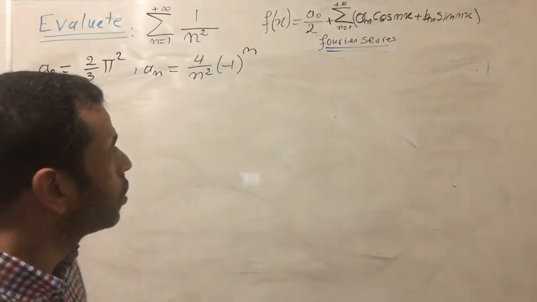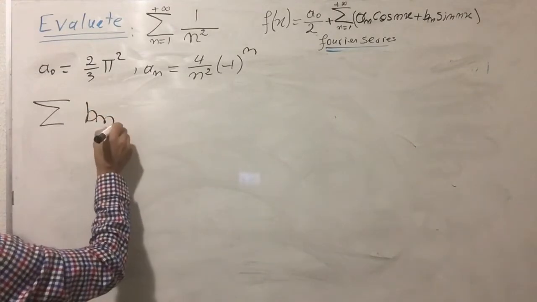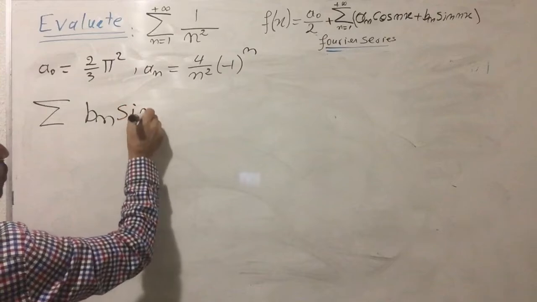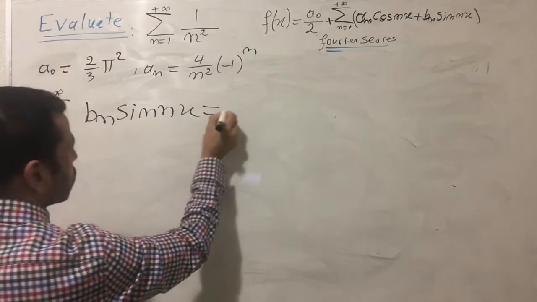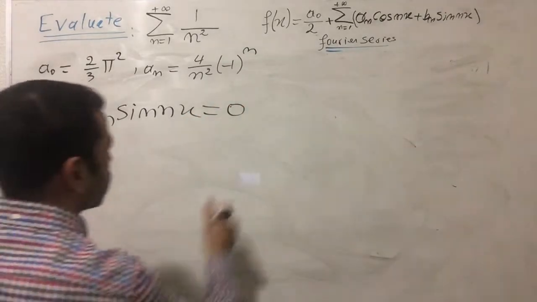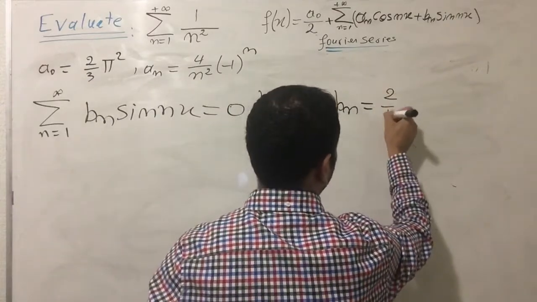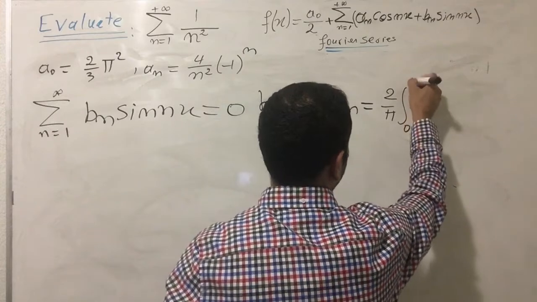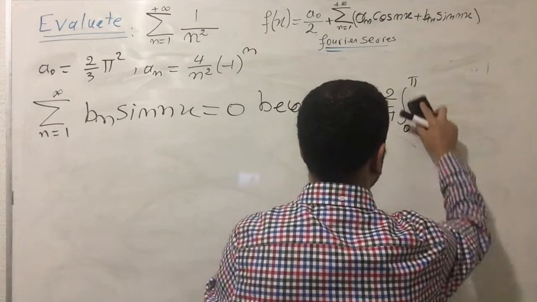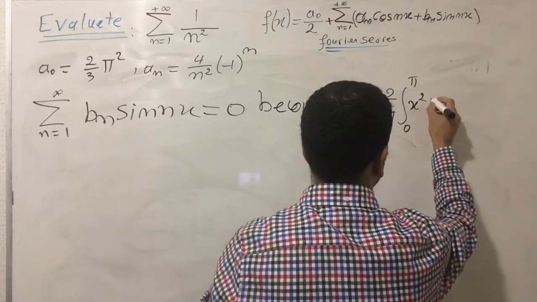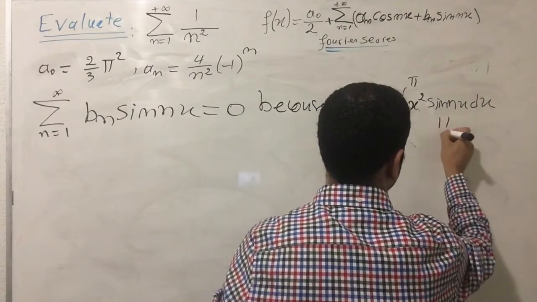Now I'm going to plug this into the function. The sum of b sub n sine nx, as n goes from 1 to infinity, equals 0, because b sub n equals 2 over pi, the integral from 0 to pi of f of x squared sine nx dx, equals 0.